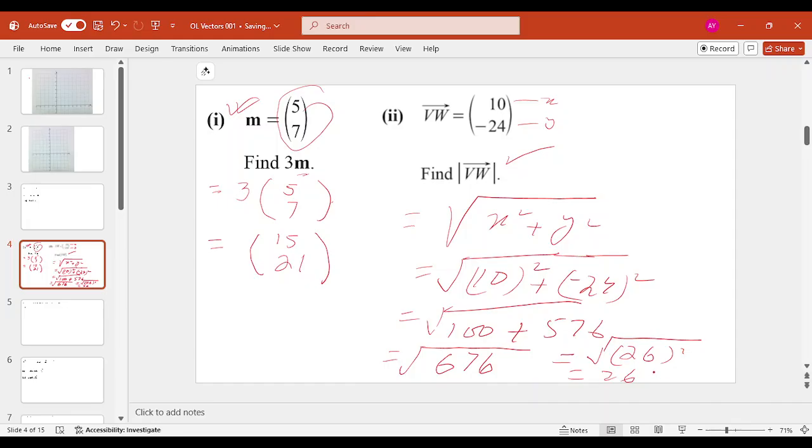So this is equal to 26 units. So this was an easy and simple yet very important question from the topic of vectors, O-level mathematics.